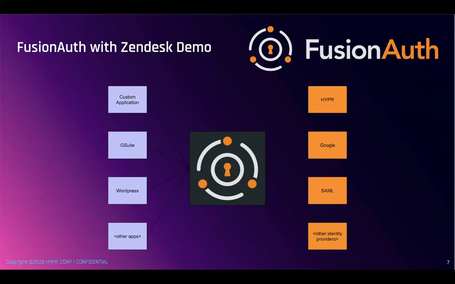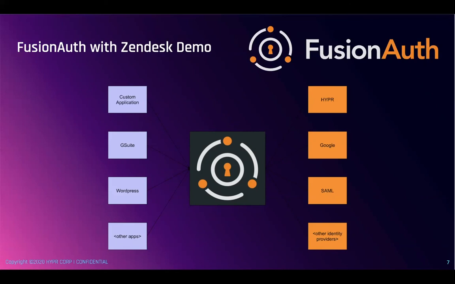This pattern works well because it lets you meet your users where they are. You can allow certain sets of users to use HYPR's true passwordless MFA. If you have a custom application that's aimed at consumers and they want to log in using Facebook, you can provide that as well.